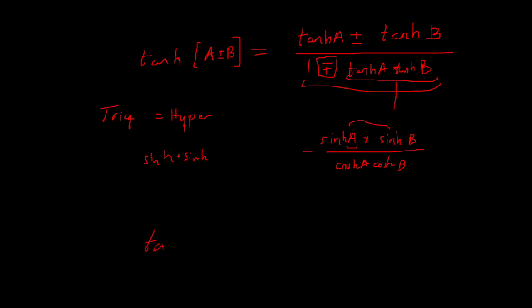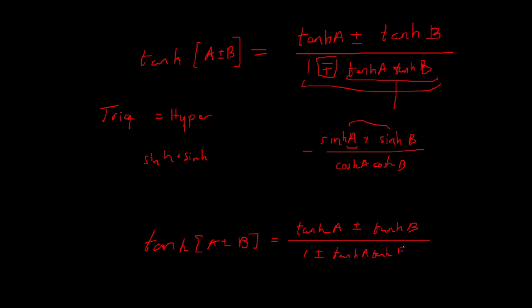So we have our new identity, tanh(a plus or minus b) equals tanh a plus or minus tanh b, whole divided by 1 plus or minus tanh a tanh b. And that's how we use the compound angle formula.